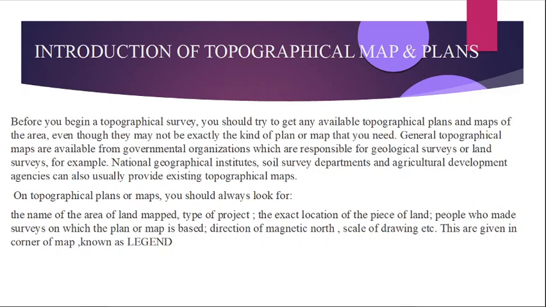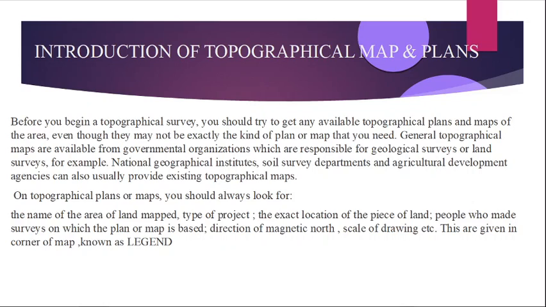Now, on topographical plans and maps, you should always look for the name of the area of the land that has been mapped. Second point, type of project. Third point, exact location of the land portion which is to be surveyed. Next point, the names of the people who made the surveys on which the plan or map is based.